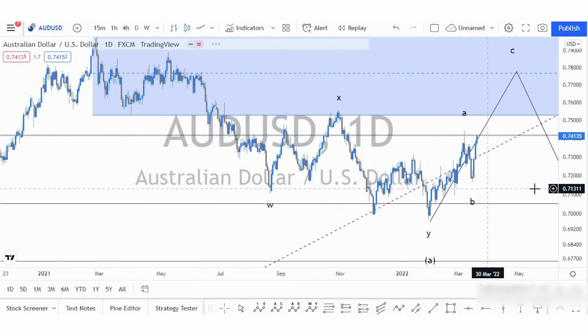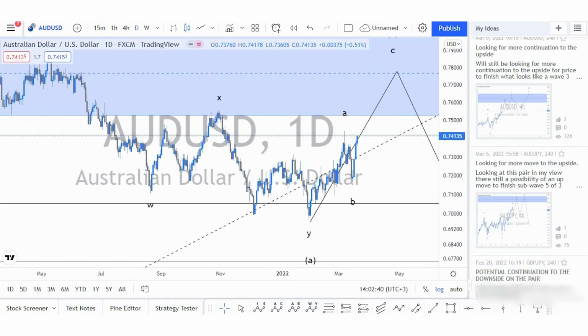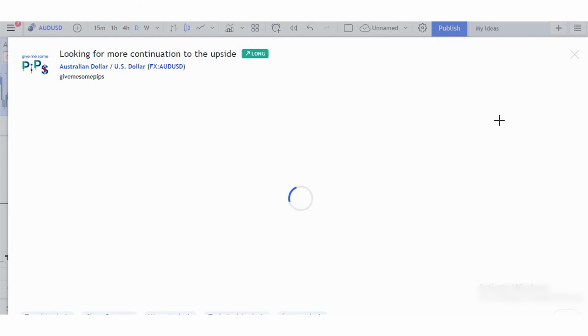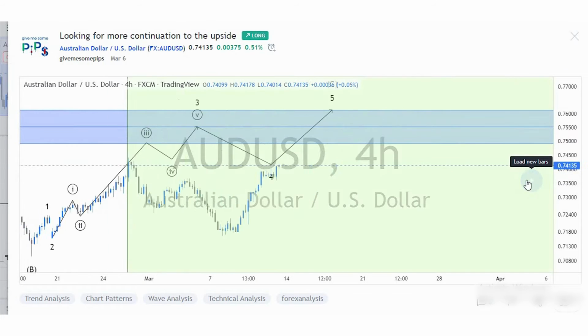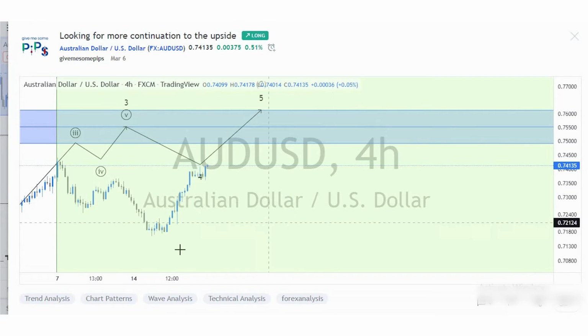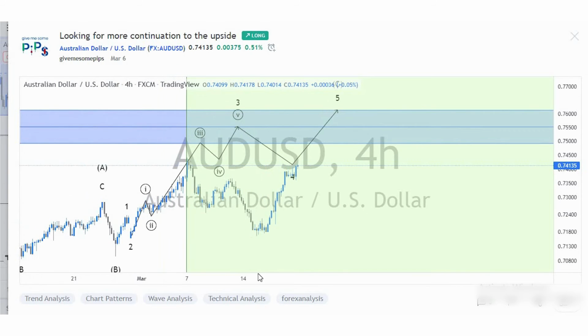All right, I'm looking at the AUD USD, especially on the analysis that I did previously. Again, my analysis on this pair was that I would be expecting more to the upside. But as you're looking at the analysis, in terms of the lines or the pathway that I did place before, it didn't quite do that.